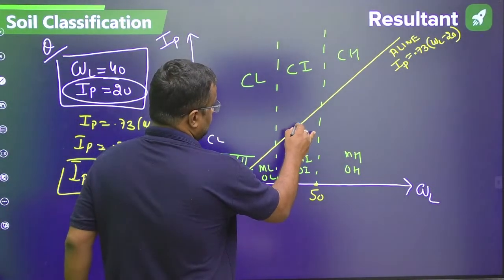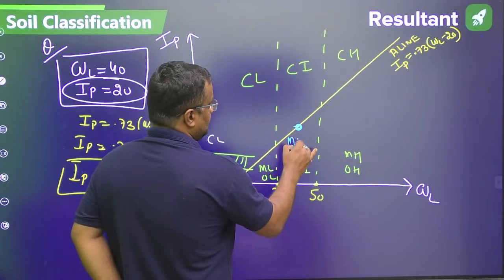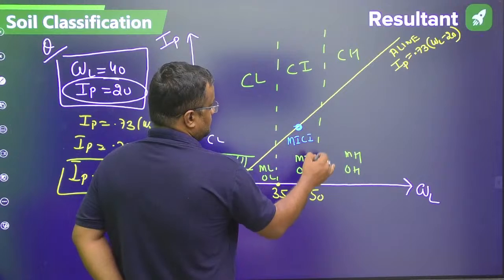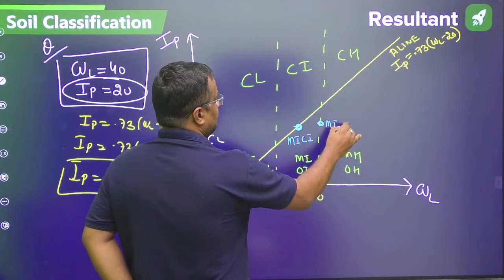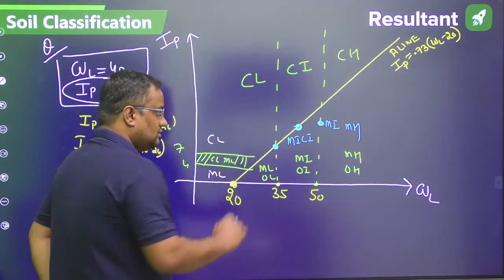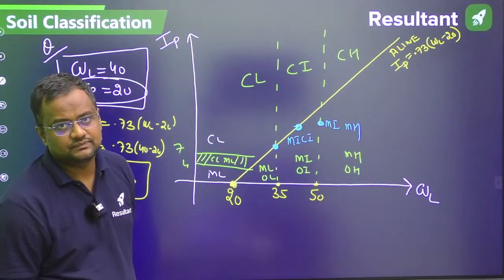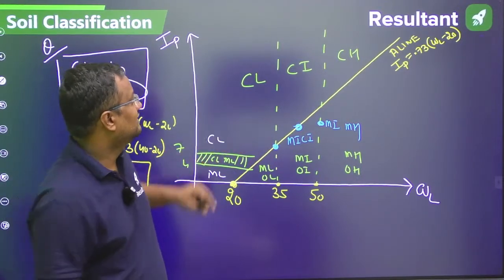Suppose the point comes here, exactly here. So the name will be given ML-CL or CL-ML. Suppose the point comes here, so the name will be given MI-MH. Suppose the point is coming here, then also MI-MH. You will not give the long name.